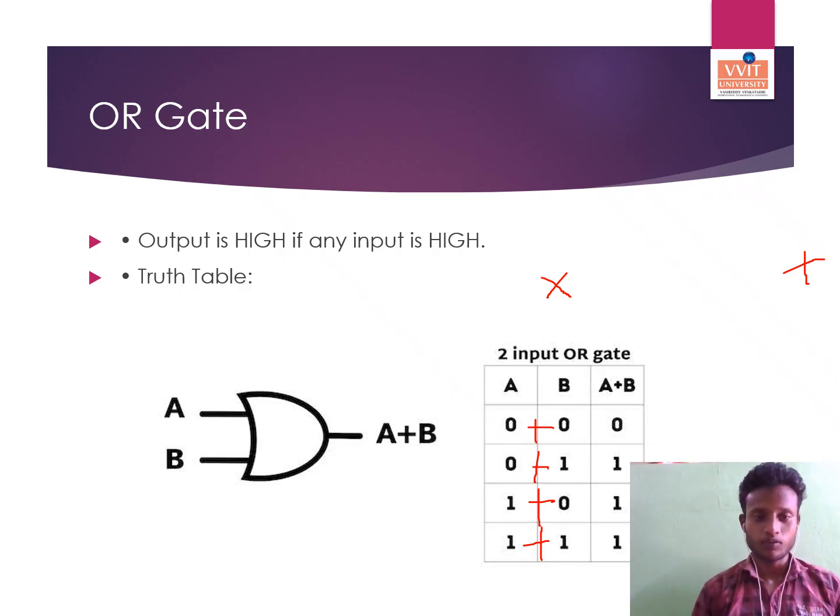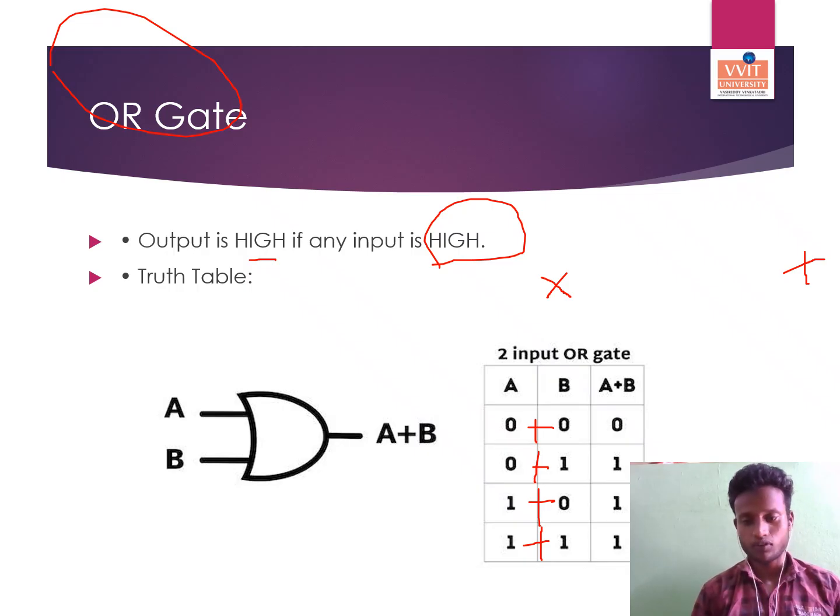That means the function of the OR gate is: the output is high if any one input is high. Again, there are n inputs and 2 power n combinations. This is all about the OR gate.